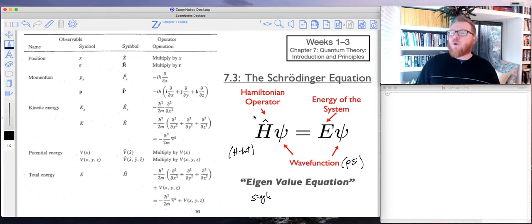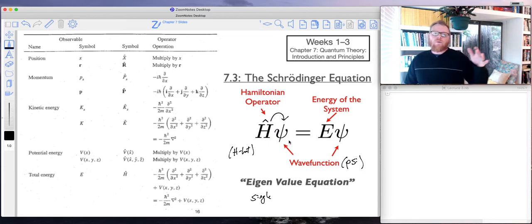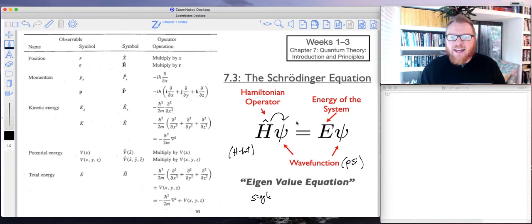In these eigenvalue equations with Hamiltonian operators, the operator operates on the wave function. I'll represent that by drawing an arrow. The operator operates on the wave function, and in place of this equals sign, it returns the energy of the system, which is our single-valued component.